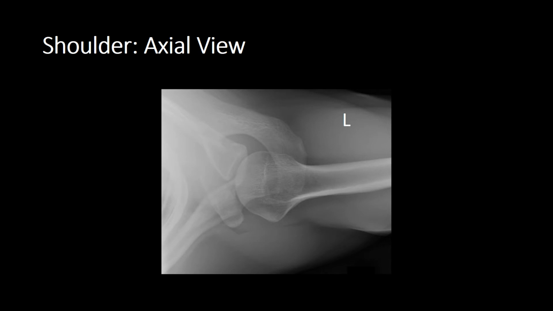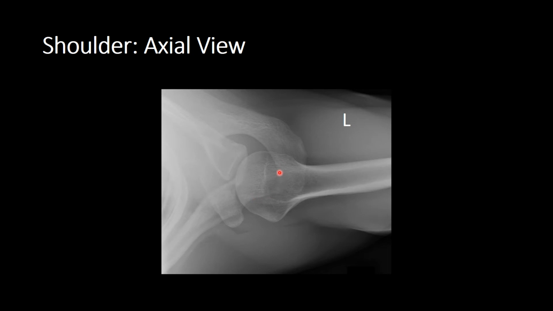The axial view provides excellent visualization of the glenohumeral articulation. The problem with this view is that some people find it difficult to identify the bony landmarks. I think what I find easiest is if I can identify the clavicle, because I know that my clavicle lies anteriorly.